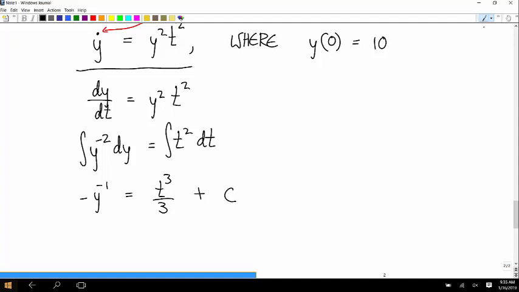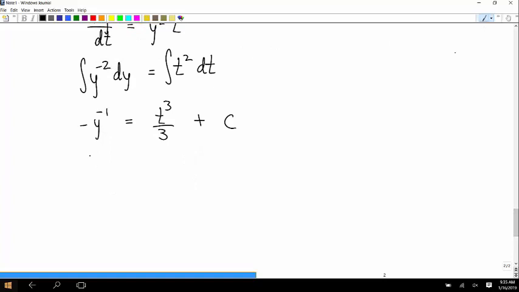So how are we going to find that constant c? Well, we're given that boundary condition that says when time is equal to 0, y is equal to 10. So I can just use this equation here, put in 0 for time, put in 10 for y, and use that to solve for that constant c. And then at that point, all I'm trying to do is isolate the variable y and express that as a function of time.